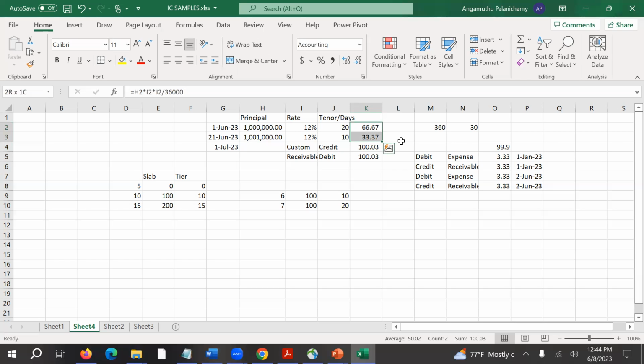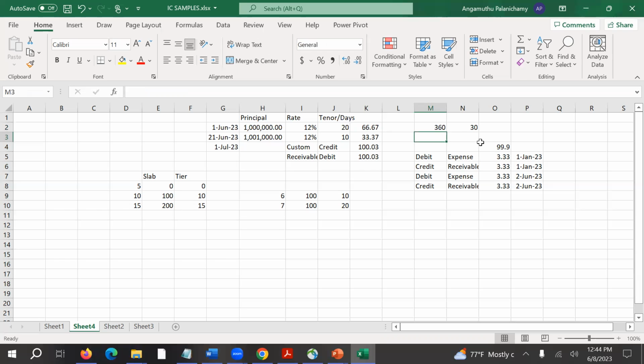So to normalize it, what most of the banks do is they assume every month has 30 days, in a year 360 days. It is based on the central bank guidelines also, because in this bank earlier we had 360, and then later the central bank told, no, you have to consider actual days. So based on that, it has changed.